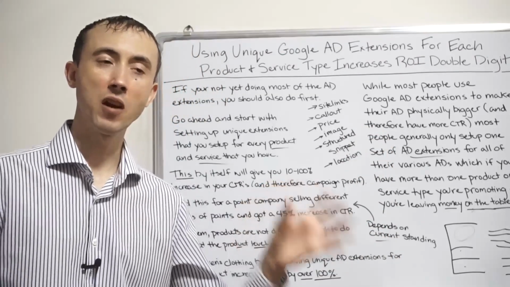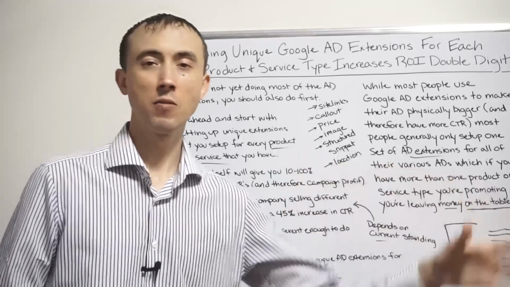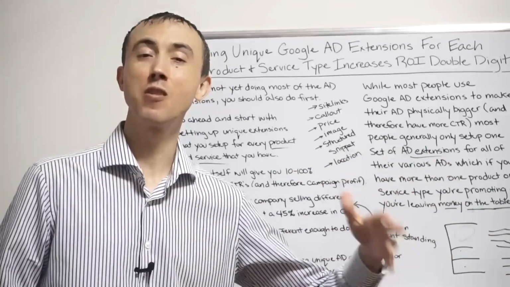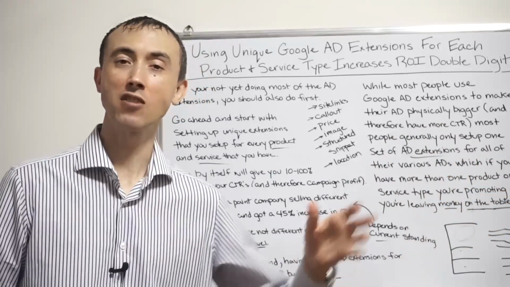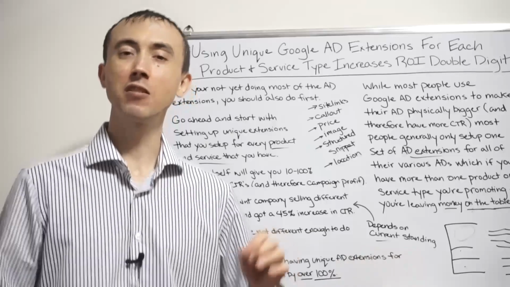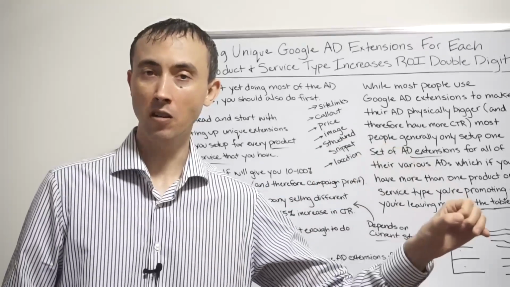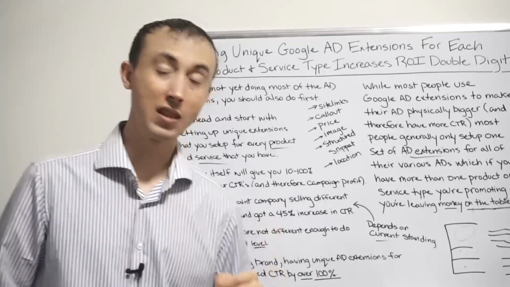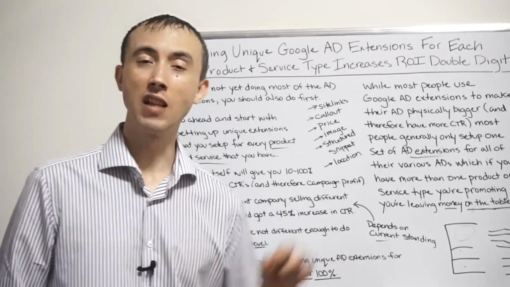But within the underwear category, there's, of course, lots of different styles. And so in that particular case, it will make a difference actually having unique ad extensions set up for each one of those, particularly as they're visually different. And we're in a category where Google actually shows the image extensions a lot in that category.